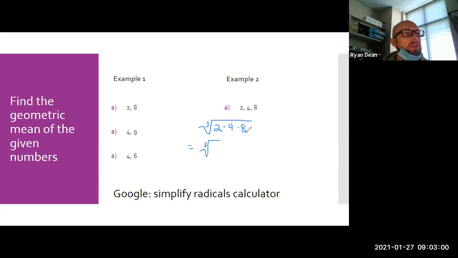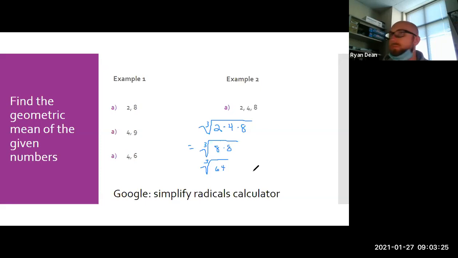2 times 4 is 8. 8 times 8 gives us 64. Notice we're not taking the square root. So I have to find some number that when I multiply that number by itself 3 times, I get 64.